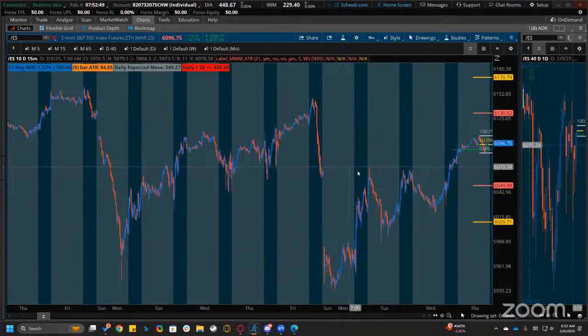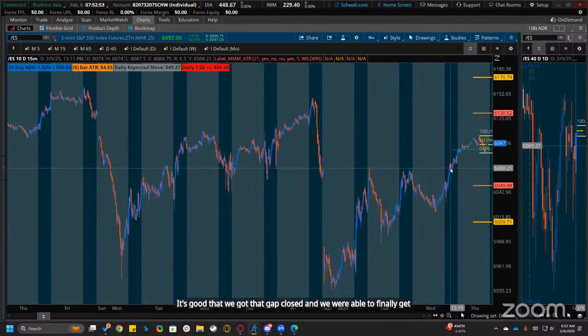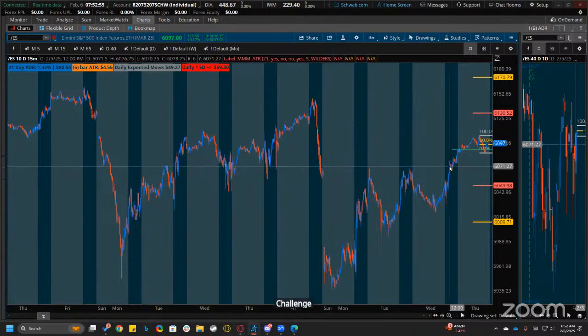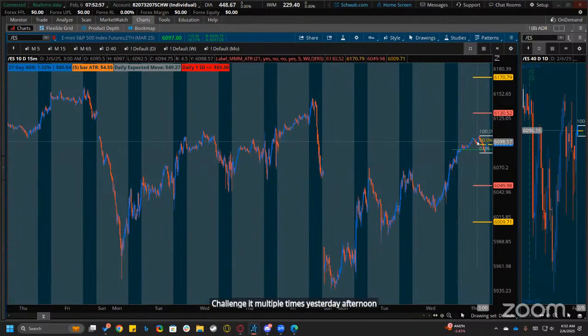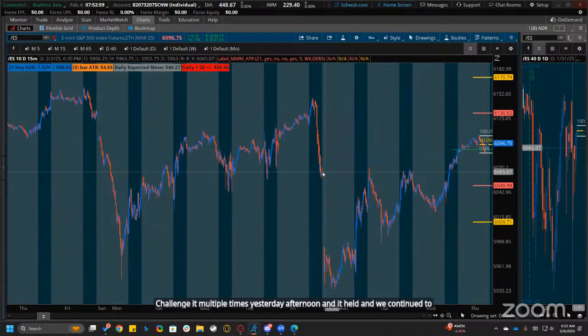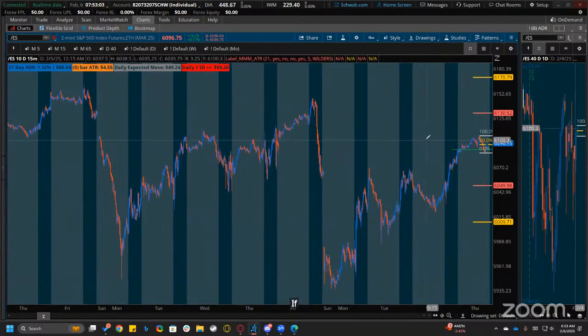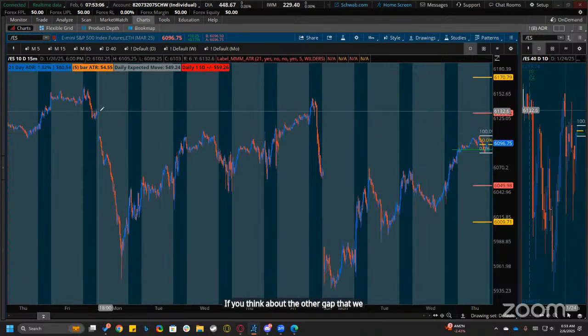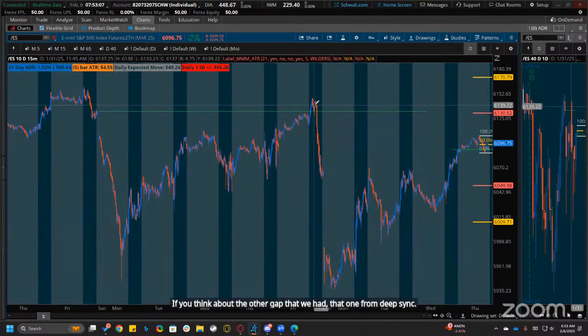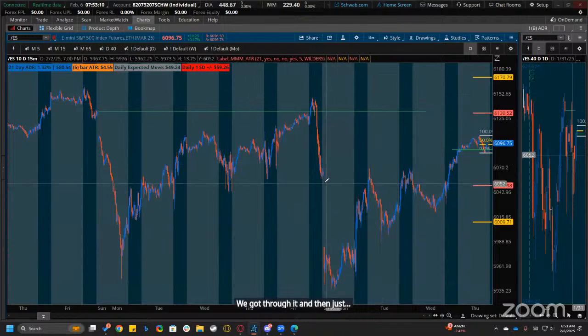It's good that we got that gap closed and we were able to finally get through it, get above it, challenge it multiple times yesterday afternoon, and it held, and we continued to drive beyond that. So I like that we got this gap closed. If you think about the other gap that we had, that one from DeepSync, we got through it and then just took a beat down.